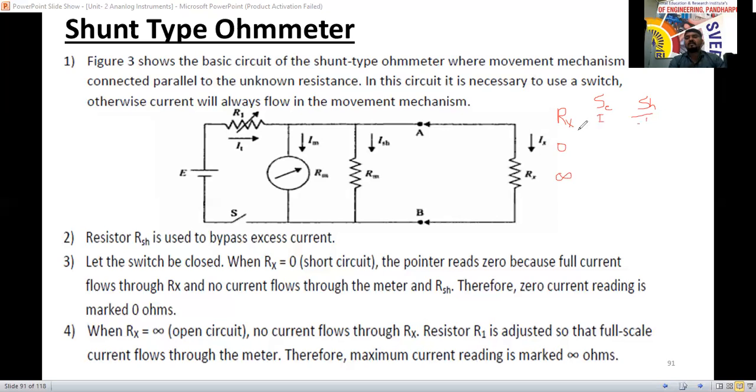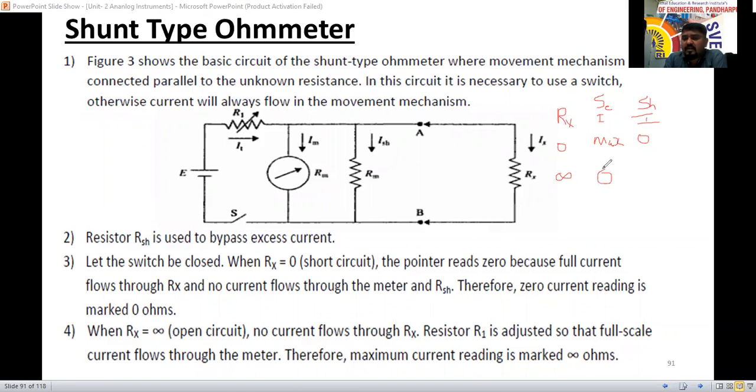For the series type, if Rx equals 0, what is the current? Maximum. And for the shunt type, if Rx equals 0, the current will be 0. For the series type ohmmeter, if resistance is infinity, what is the value of current? 0.